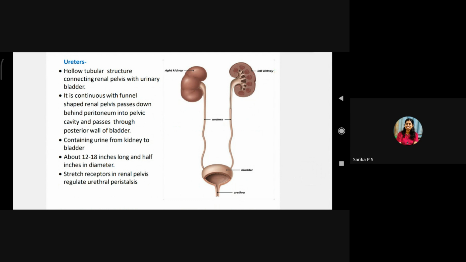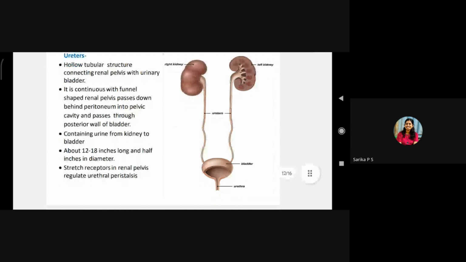So, it is continuous with the funnel-shaped renal pelvis and passes down behind the peritoneum. The ureters come along behind the peritoneum into the pelvic cavity and pass through the posterior wall of the bladder, carrying urine from the kidney to the bladder.